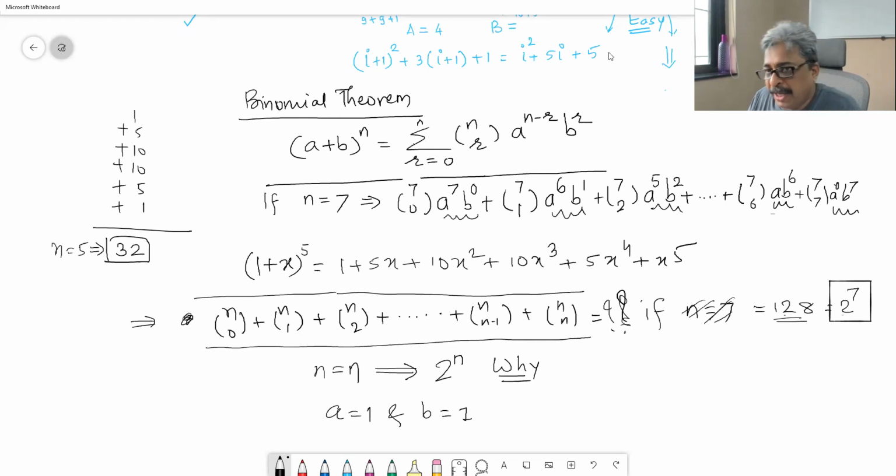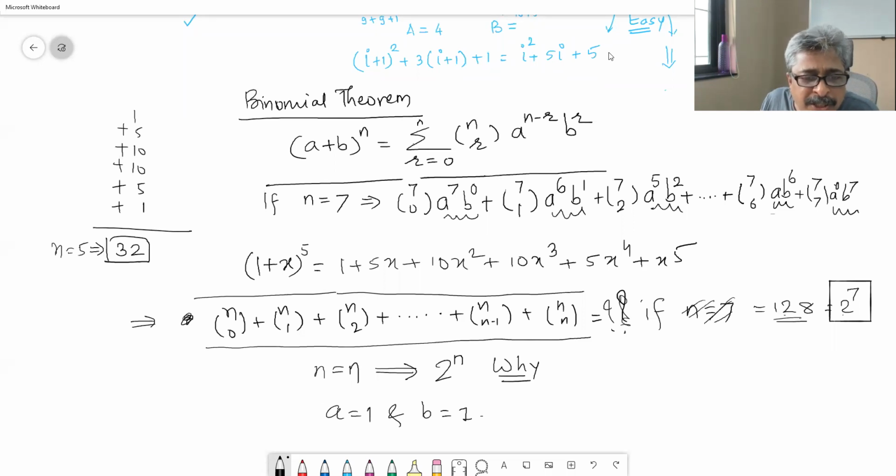They will not contribute anything to the summation in the RHS, and only the summation of binomial coefficients will remain, because n choose 0 is followed by a raised to n minus r, b raised to r: a raised to n, b raised to 0. Here a raised to n minus 1, b raised to 1. All those things, the coefficients will end up being 1, 1, 1, and we need not write those ones, and hence it will be a summation of coefficients.